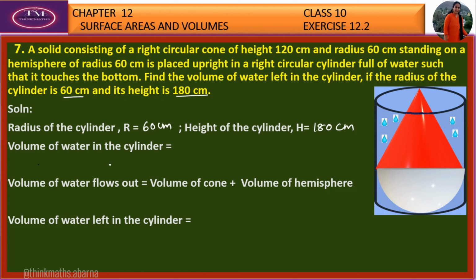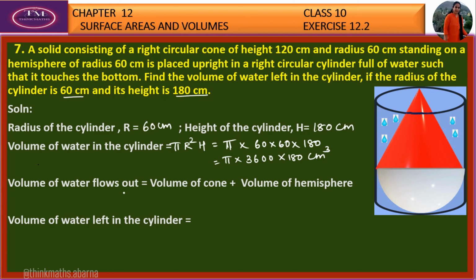So volume of water in the cylinder will be pi R square H. So pi, I'm going to keep the value as pi, and at last we will substitute the value of pi. What is R? It is 60 into 60 into 180. So we can just write it as pi into 3600. So here it is 60 into 60 is 3600 into 180. So this is the volume of water in the cylinder.